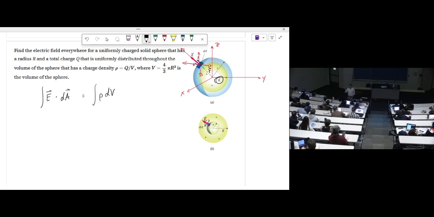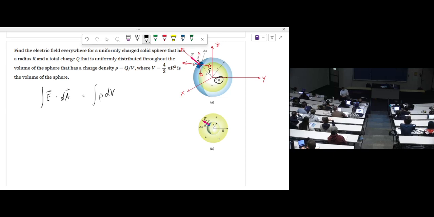But that's not true. What Gauss's law states is that when you have some sort of closed surface, we're looking at how much charge is enclosed by the surface. So what you're integrating over is not necessarily the spherical boundaries of your charge, but the imaginary surface that you're working with at that time.